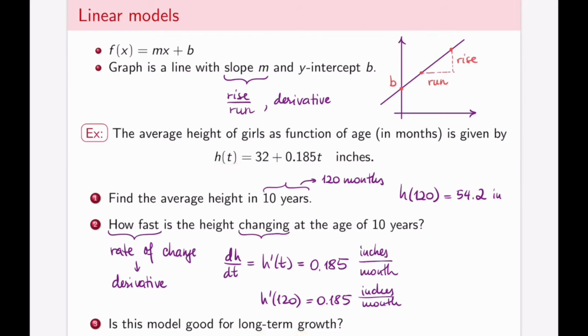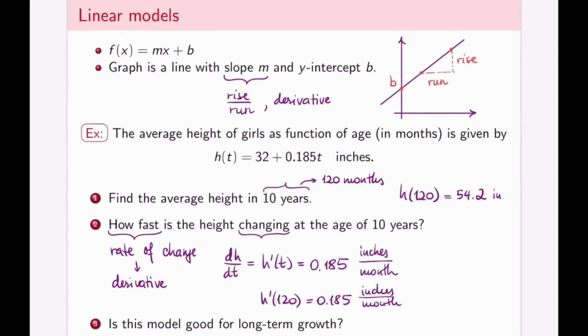Well, of course not, right? This is not something that will hold for a very long time. And in fact, what is missing here is the domain of when this model is going to be reasonable and appropriate, which is up to 12 years. So 10 fits within the model's reasonable domain, and otherwise this becomes a little unrealistic.